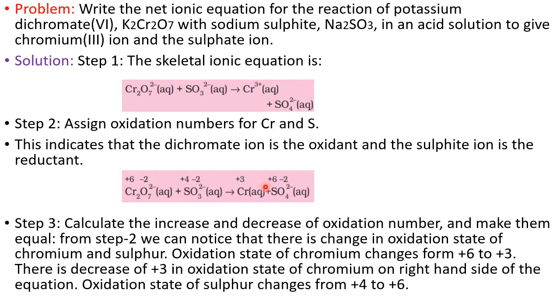That means oxidation. So converting SO3 2 minus to SO4 2 minus is an oxidation reaction, and SO3 2 minus is the reducing agent. So this is the oxidizing agent and this is the reducing agent, and a change in the ON is there. Therefore, this is a redox reaction, but it is not balanced. You have to balance it. Now, next step.